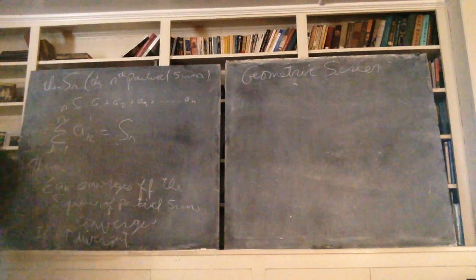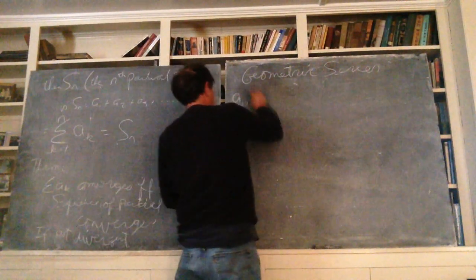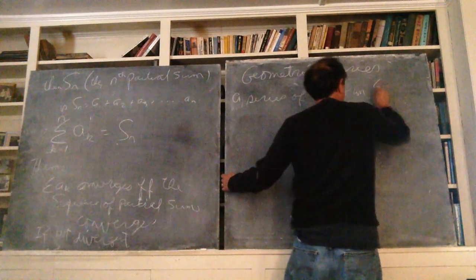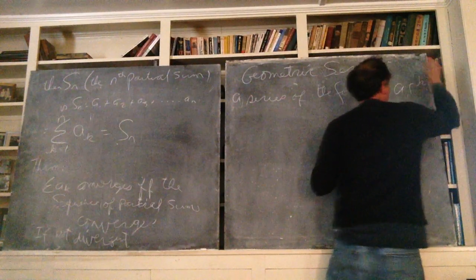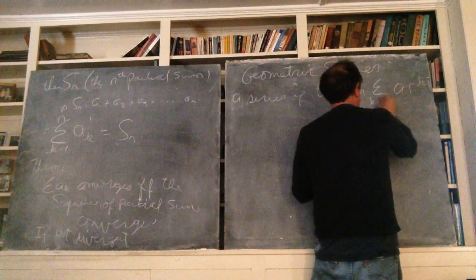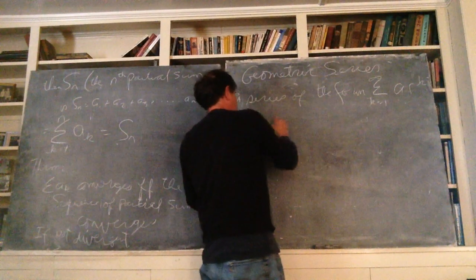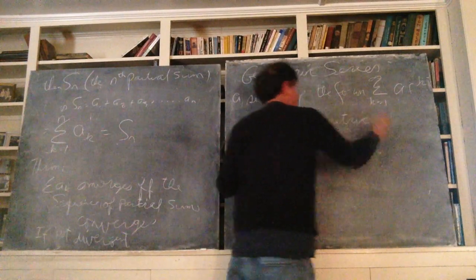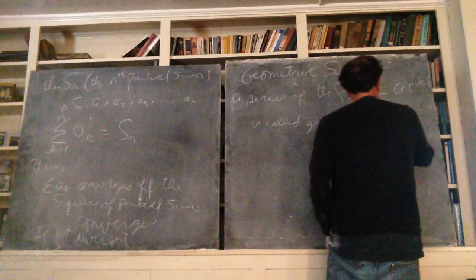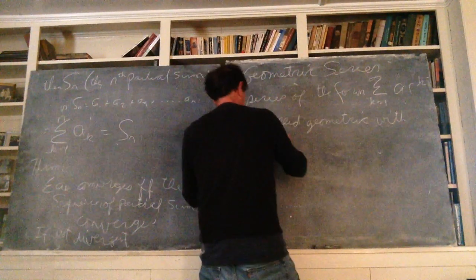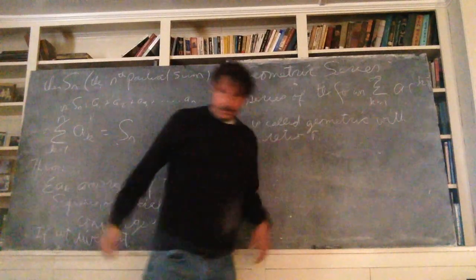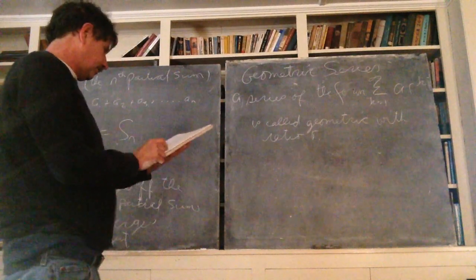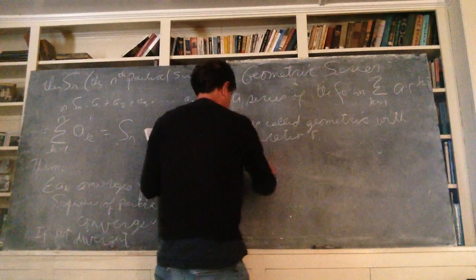A series of the form sum of A R to the k, k equals 1 to infinity, is called geometric, with ratio R. An example of a geometric series would be what we talked about before.